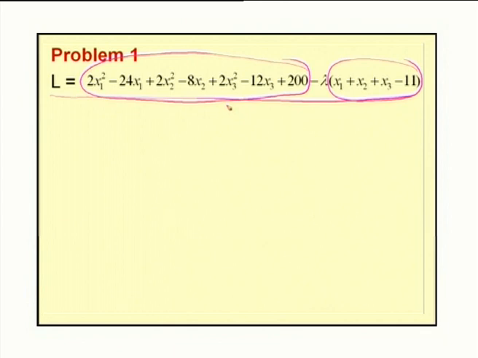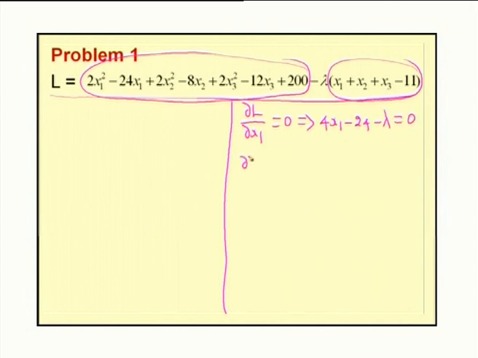Now, in order to get the necessary condition for this Lagrangian function, we have to compute dou L by dou x1 equal to 0, dou L by dou x2 equal to 0, dou L by dou x3 equal to 0, and finally, dou L by dou lambda equal to 0. So, first, dou L by dou x1 equal to 0 gives us the partial derivative of this function with respect to x1, which is 4x1 minus 24 minus lambda equal to 0.